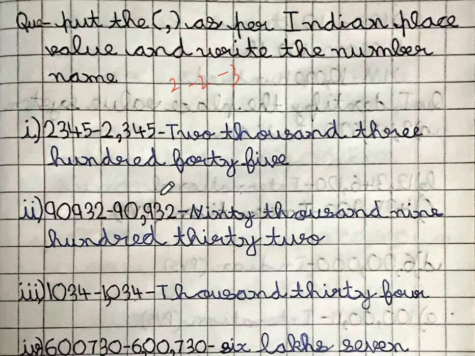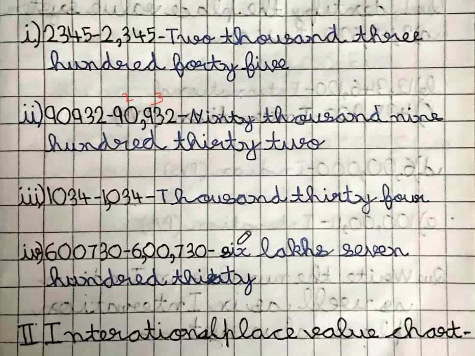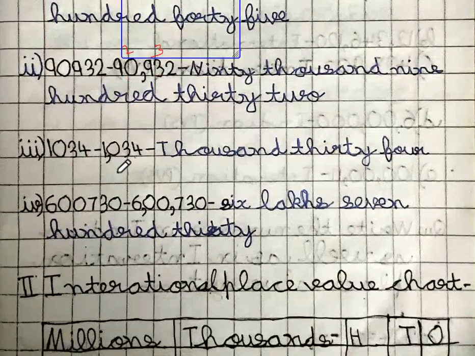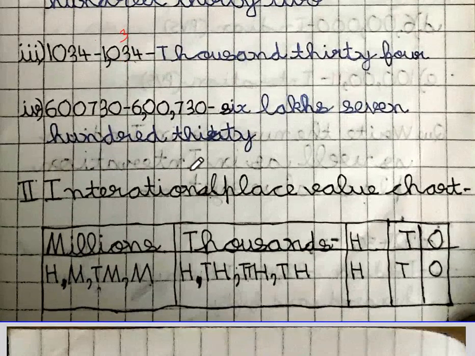So 3, then 2 as per Indian system. So 90,932. Here 1034. So 3 digits 3. So 1034. Here 3, 2, like that, Indian system. So 6,730,000.